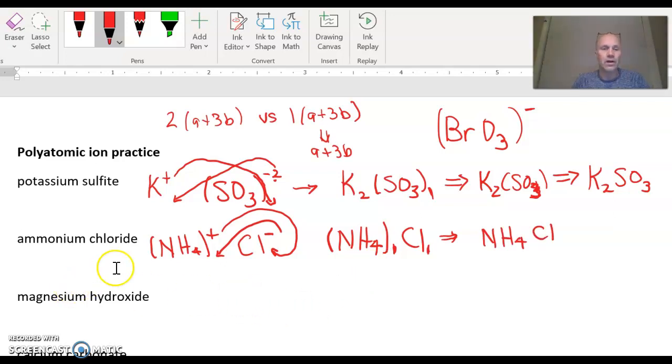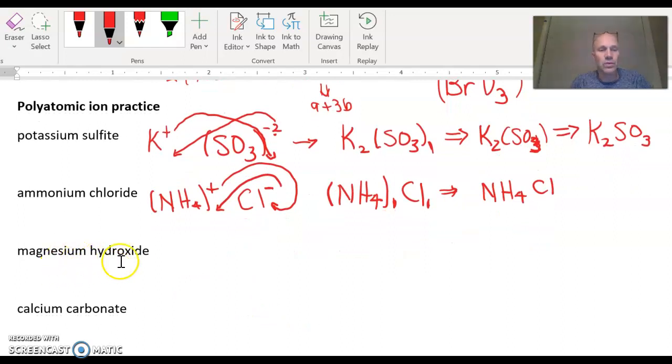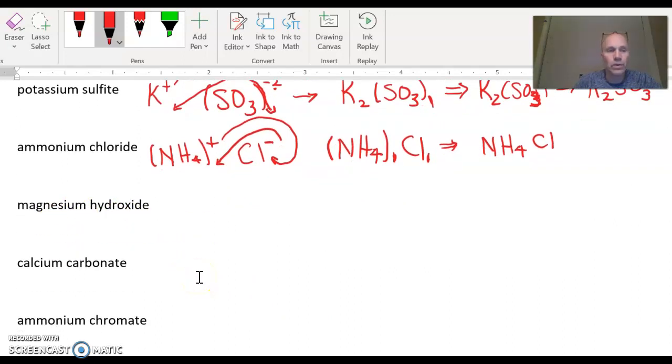This next one I'm going to do a little bit quicker. Magnesium hydroxide. Magnesium is Mg plus 2. Hydroxide, we're going to get from the polyatomic ion chart. That is OH with a minus charge.